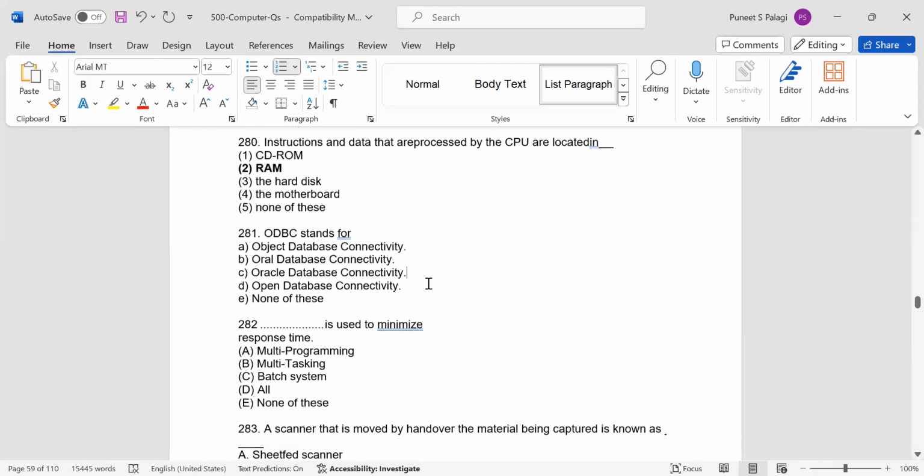ODBC stands for Object Database Connectivity, Oracle Open... It is Open Database Connectivity.